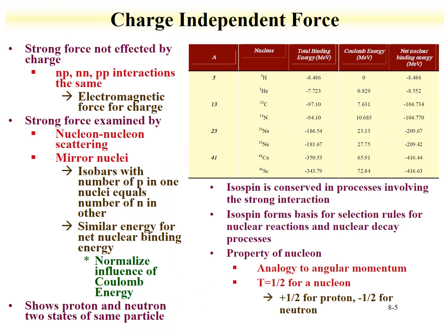So what one could do with this is evaluate energetics, particularly looking at binding energy, and then compensating for the Coulomb energy to try to evaluate a net nuclear binding energy for different nuclei with the same number of total nucleons. And this is shown here. So we have total binding energy, and here's the net Coulomb energy.